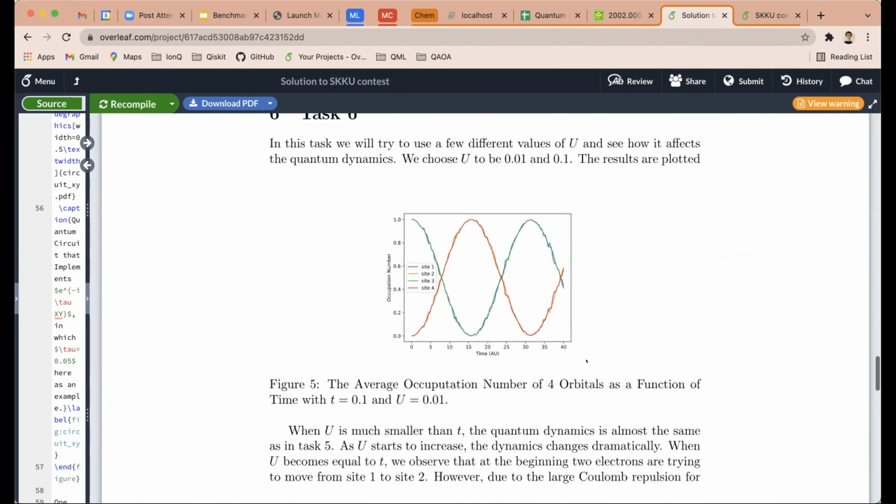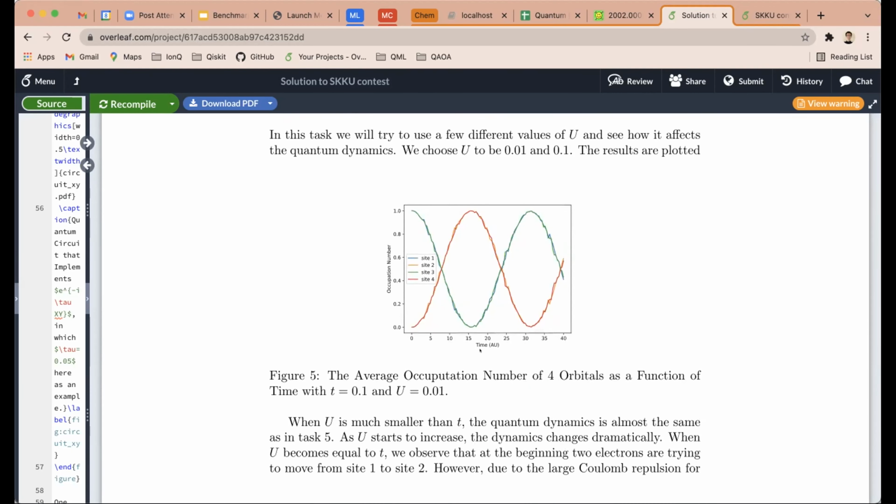Okay, so first we choose U to be much smaller than t, so U being 0.01, and we measure the quantum dynamics. It looks like this.